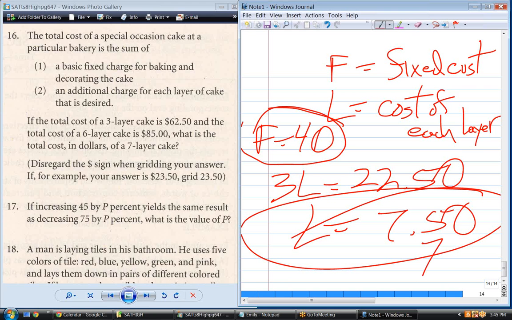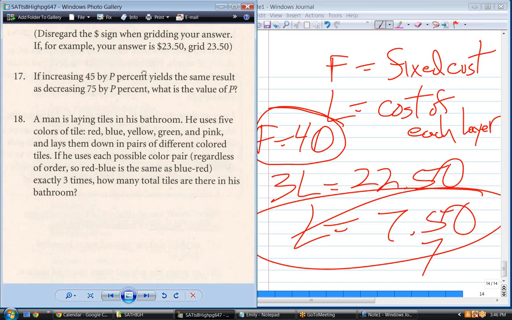I just added 7.50 on to 85. Oh, of course. What am I thinking? I actually went through and figured out F, which is completely unnecessary. Once you figure out L, now you have it. You did it absolutely the best way.